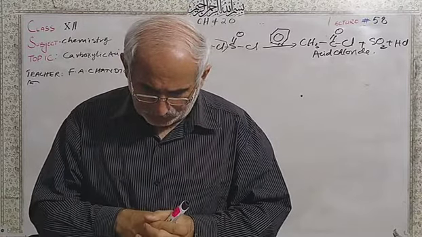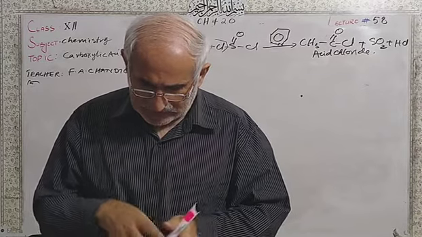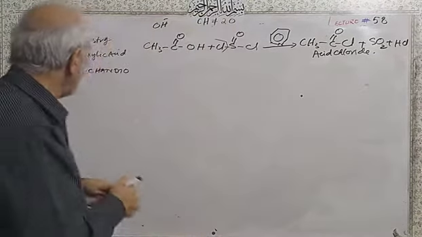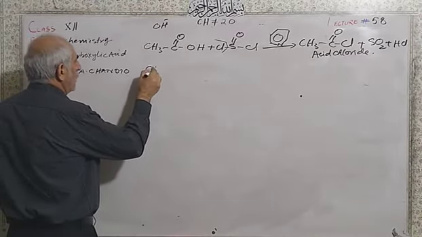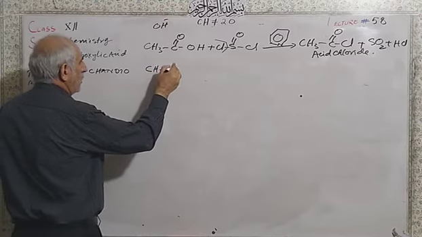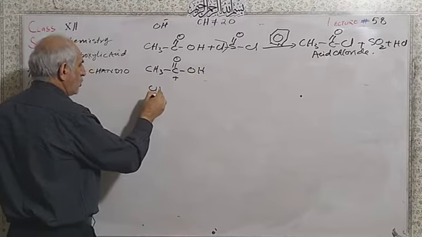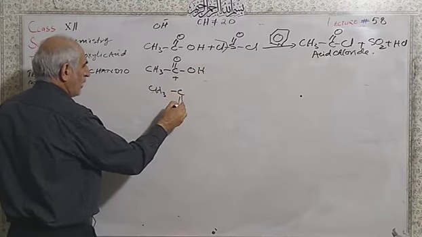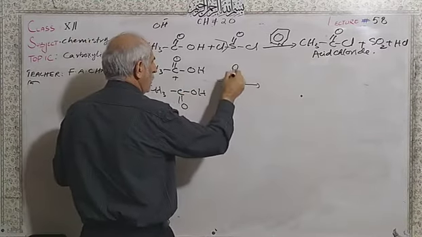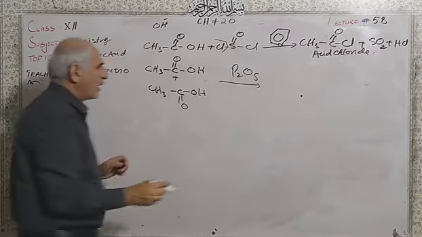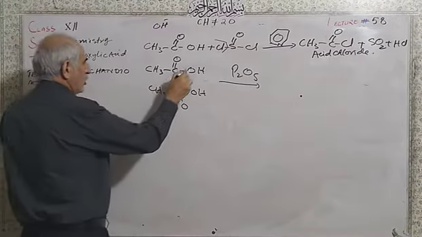The second reaction is the preparation of acid anhydrides. Two molecules of carboxylic acid are involved in this case. Phosphorus pentoxide acts as a dehydrating agent.